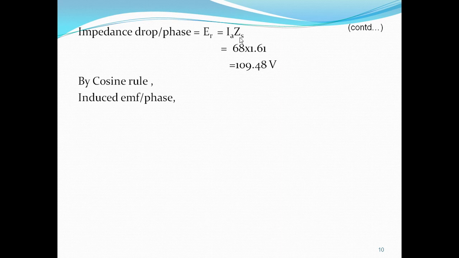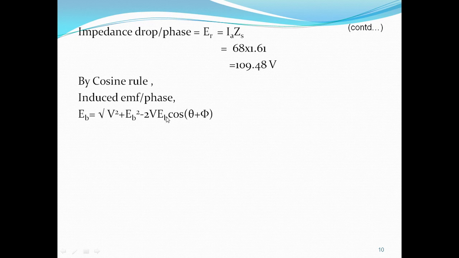So by cos rule, induced EMF, as I told, this is a leading power factor. So EB is equal to square root of V square plus ER square. Here it is written wrong. It must be ER. Note down the correction here. I forgot to change the suffix R. ER square minus 2 into V into ER.